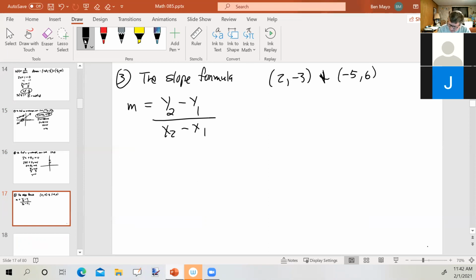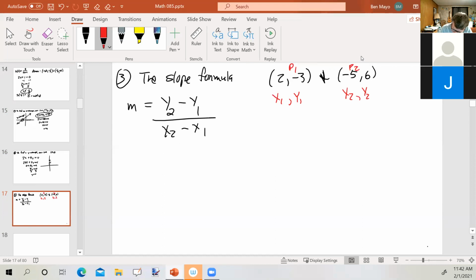Let's say I know 2 points that are on a line and I want to find the slope of the line passing through those 2 points. So one of those points is point 1, one of them is point 2. Point 1 has an x sub 1 and a y sub 1. Point 2 has an x sub 2 and a y sub 2, as in subscript.